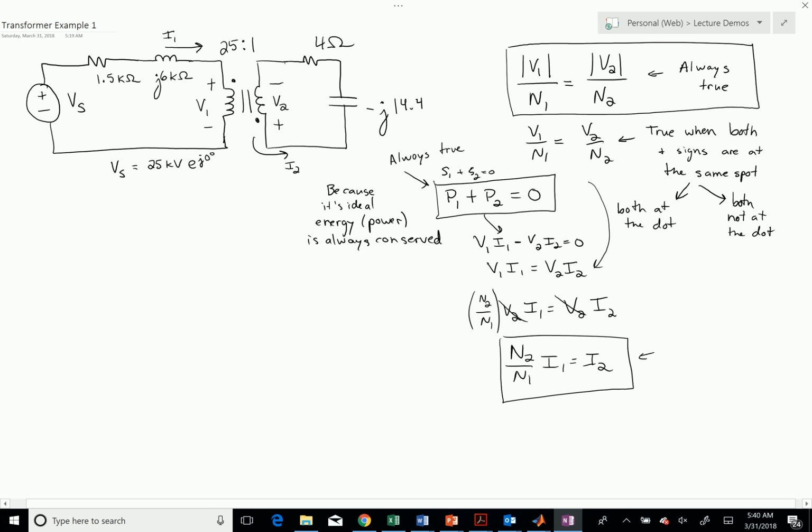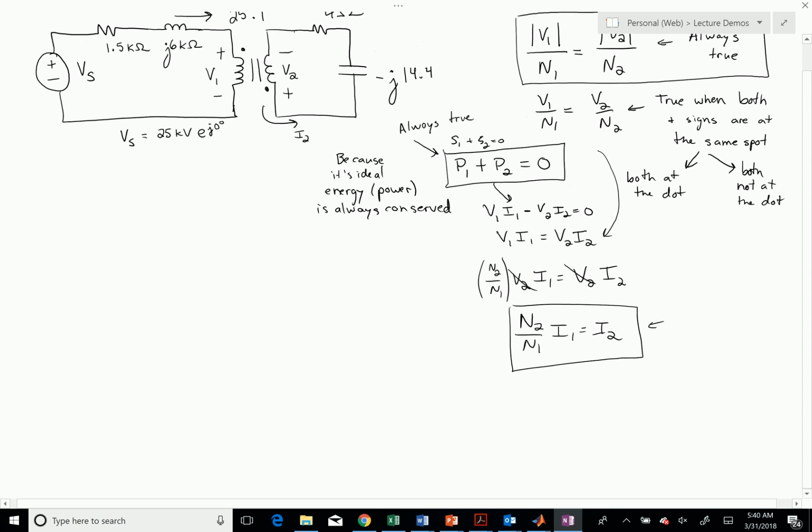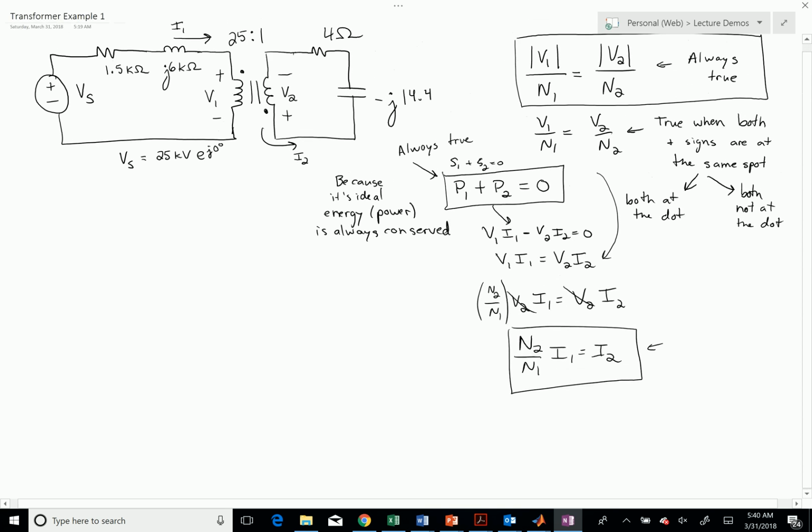Then we need to play with the signs. This one, I play with the signs by looking at where the polarities are. And this one, I look at the signs by looking at whether I have power flowing into one side or flowing out. We'll look at that when we solve this problem a different way in a little while. So these two are the relationships that we're going to use here.